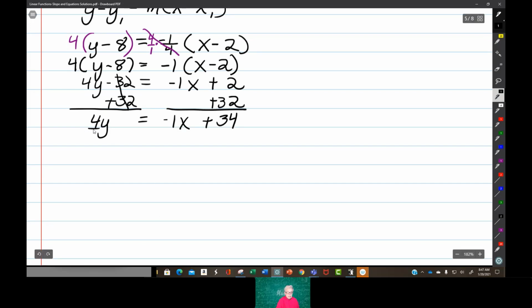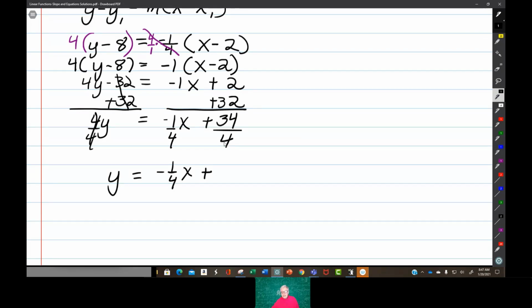And then divide by 4, divide by 4, divide by 4. So, boom, y equals -1/4 x plus. You need to simplify that. 2 goes into 34 and 2 goes into 4.